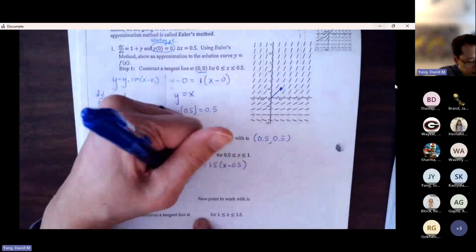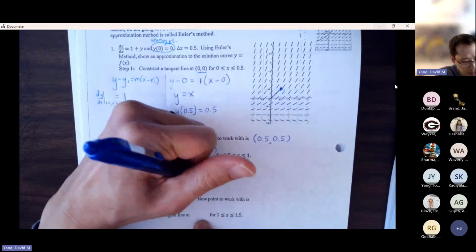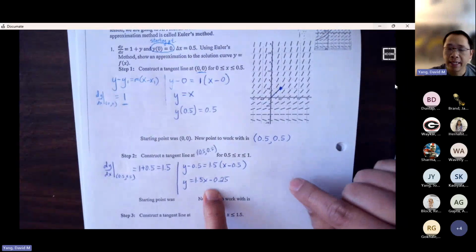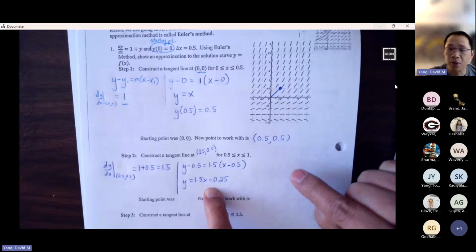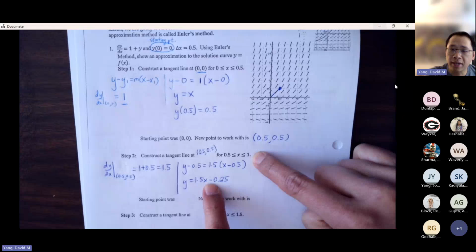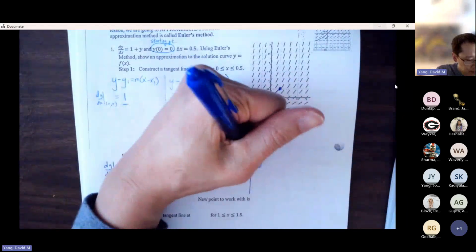If we clean this up, we'll get y equals 1.5x minus 0.25. Now that we have our next updated tangent line equation, we can plug 1 into it to get our next updated ordered pair.